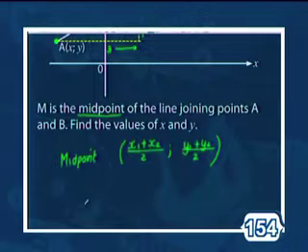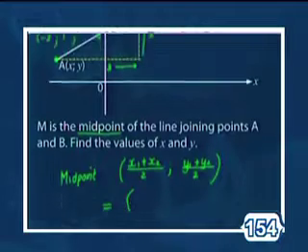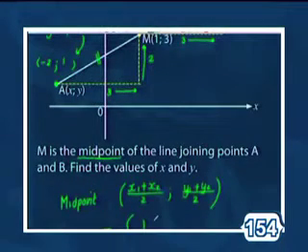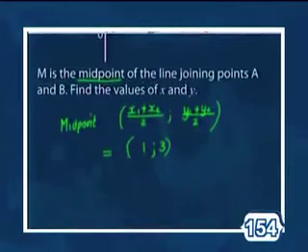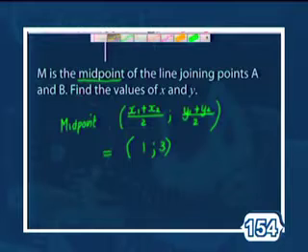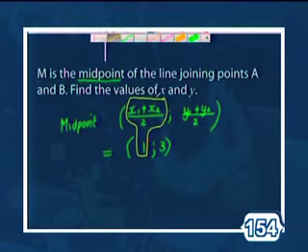All right, but now remember that this time we know our midpoint, and our midpoint is given to us as 1, 3. So let's have a look at how we're going to work this out. We're going to work with one of these at a time.